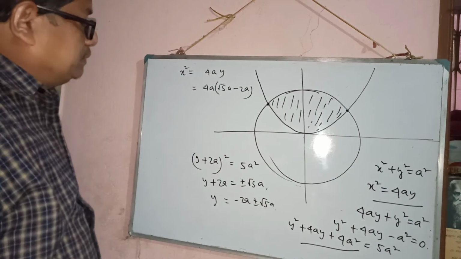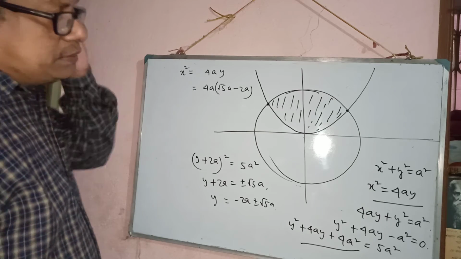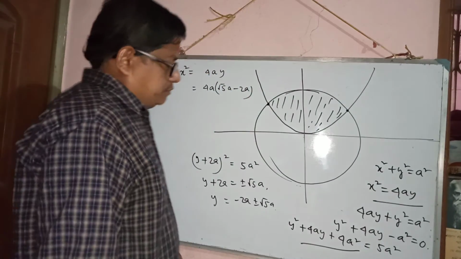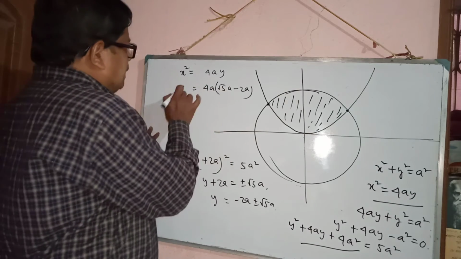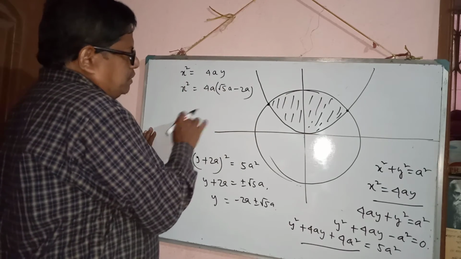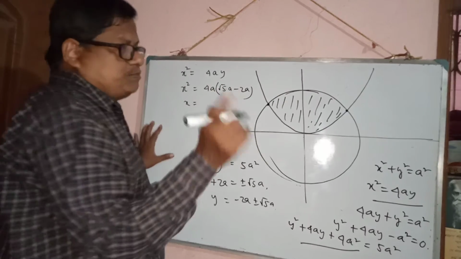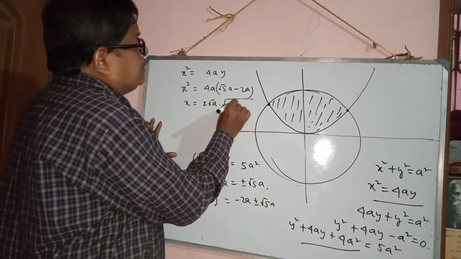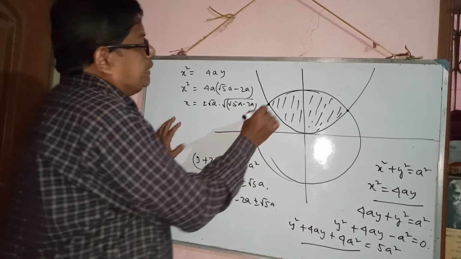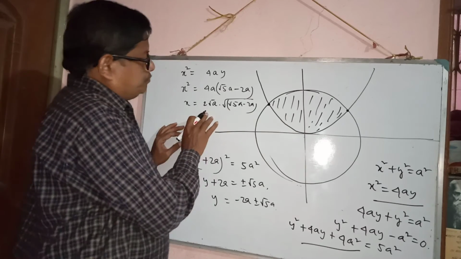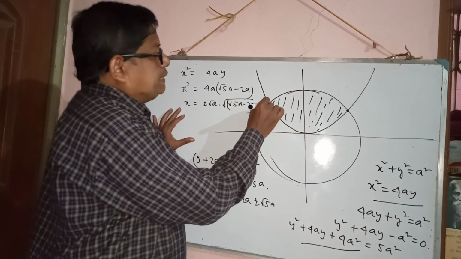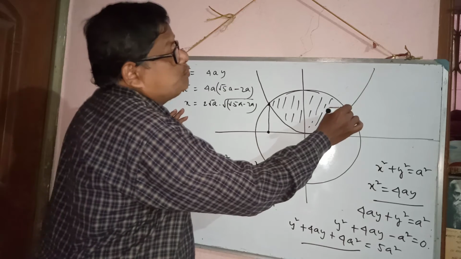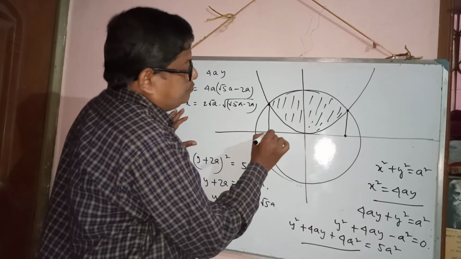Achha, see. Here, suppose x square plus y square equal to a square is given. So from here you will get x square, so you get x equal to, I am just explaining this part, 2 root a, root under root 5a minus 2a. So you will get the plus minus. Right here the negative sign is a negative value, and this is the positive value you take first.